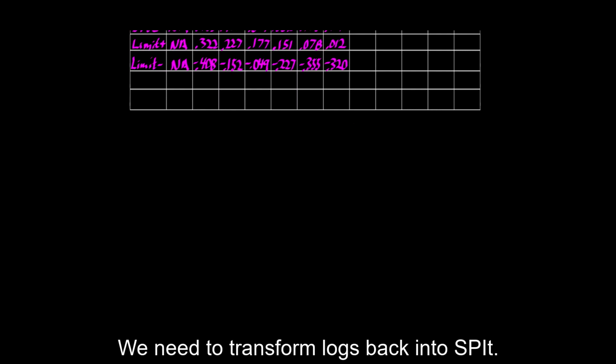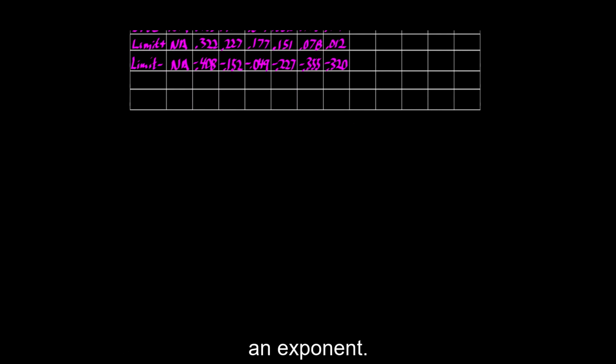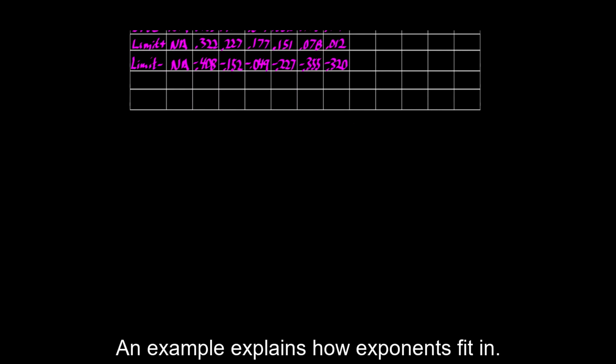We can't set the bounds yet. There's one item still open. We need to transform logs back into SPIT. To do that, we use the inverse of a log, an exponent. An example explains how exponents fit in.